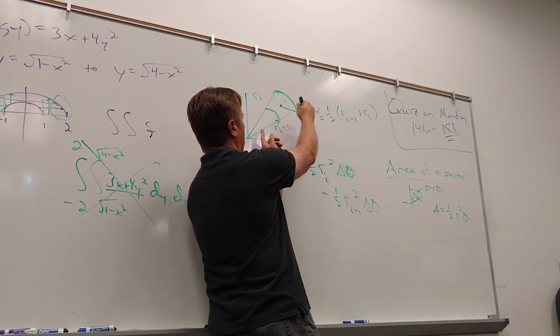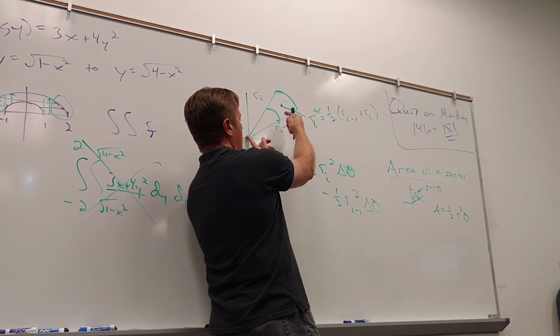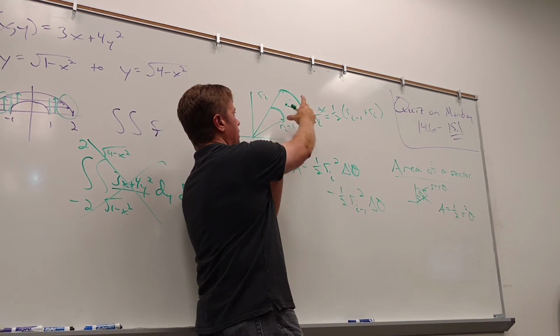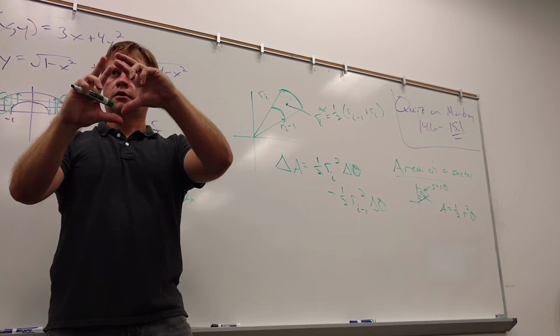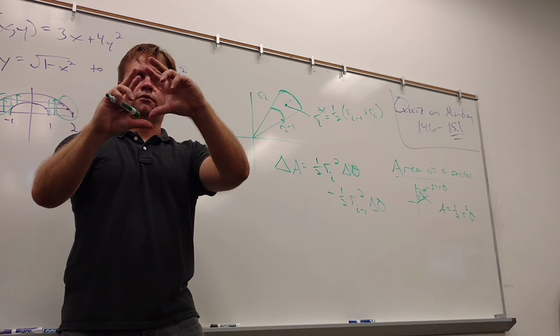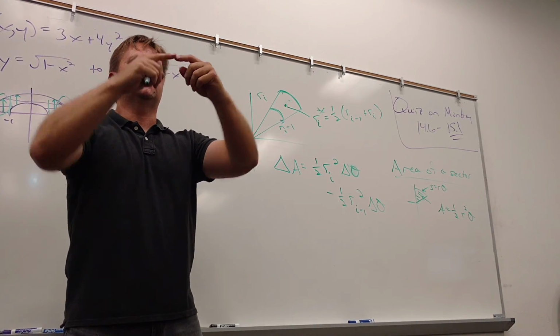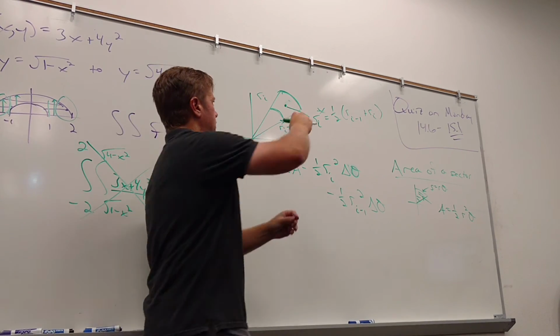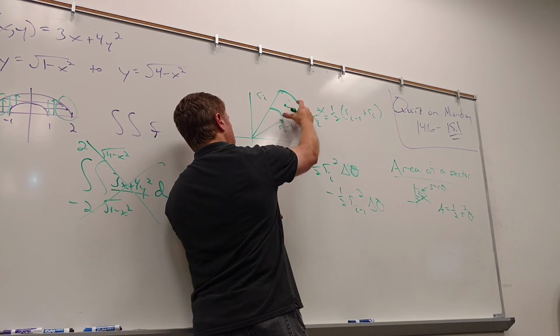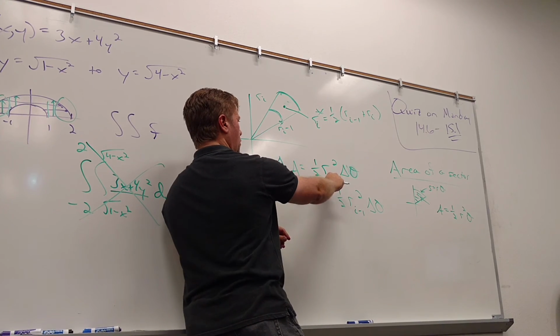It's going to be what the area is up to Ri minus what the area is up to Ri minus 1. That's going to be this little area element. Just like dx is going out x and then going out just a little bit more, this dA is how much the area changes by as I move out a little bit more.